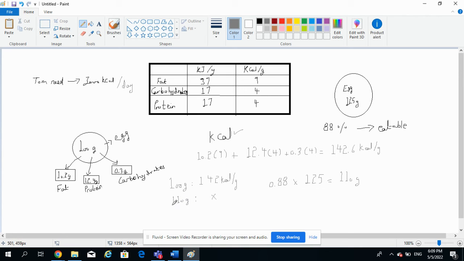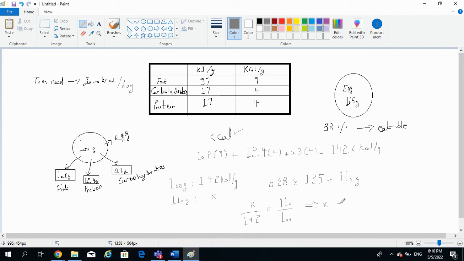Okay, so it's a simple ratio. It becomes like this, and you can see x divided by 142 is equal to 110 divided by 100.